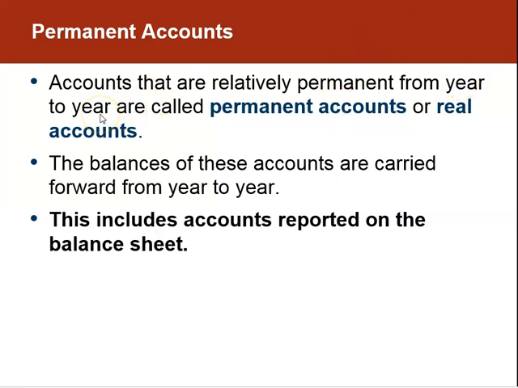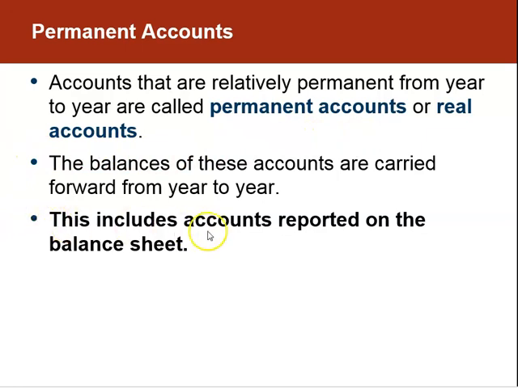Okay, the balance in cash on December 31st then becomes the beginning balance January 1st. Okay, but all accounts are going to be on our trial balance. All right, but the permanent accounts, these numbers will go from the current year to the next year. All right.